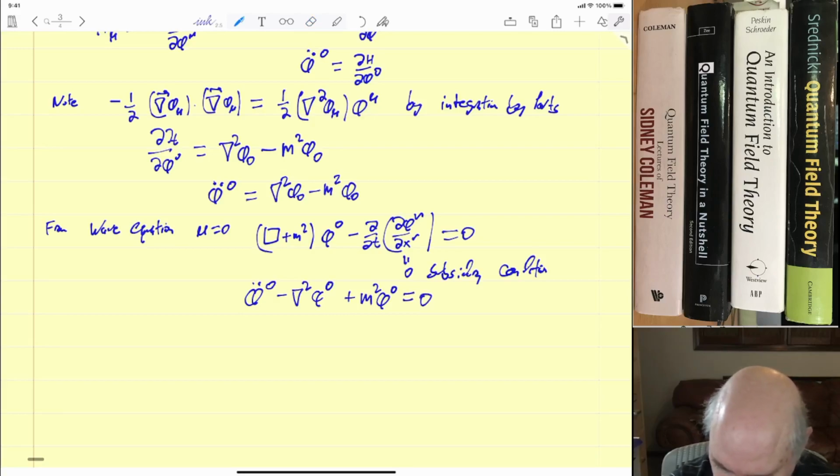And that's the same as this. So we're okay there. So that's one equation of motion. I'll put a box around that.